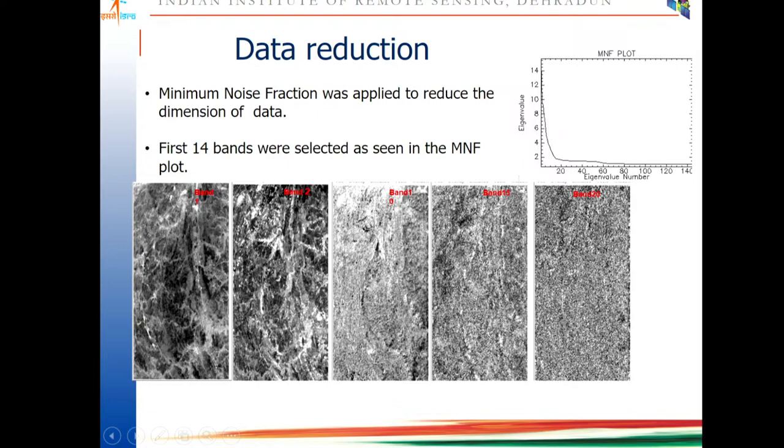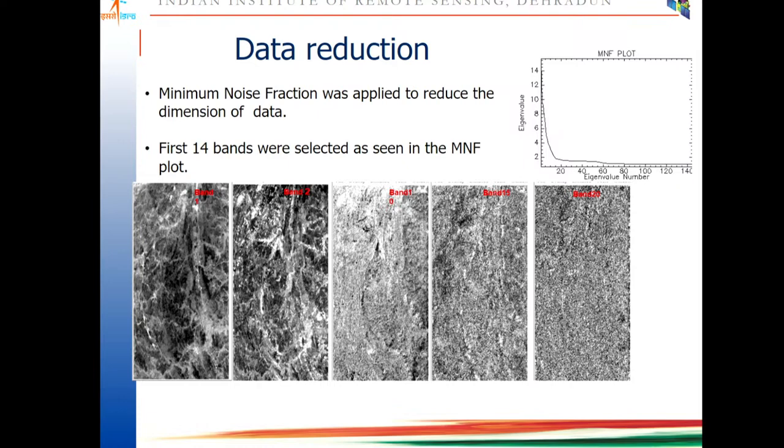So this is the example. In this, the data reduction technique I have used is minimum noise fraction. First, the noise present in the data is minimized, and then a transformation like principal component analysis is done. It is reformed, and finally the feature space changes from the wavelength domain to the principal components.